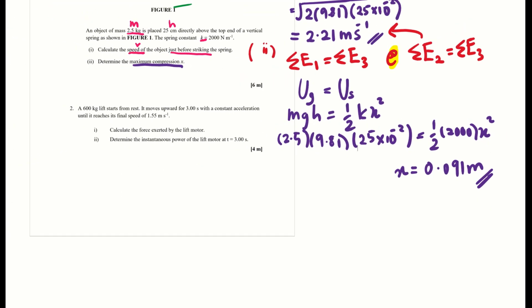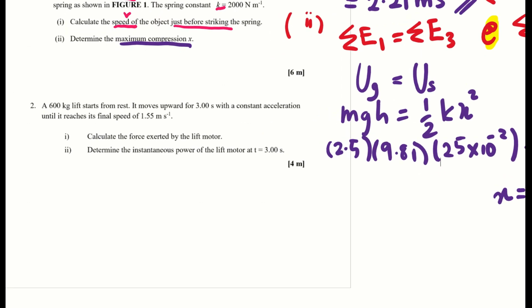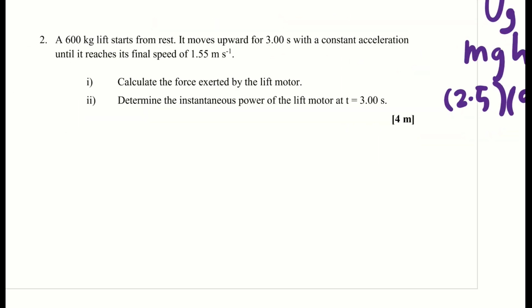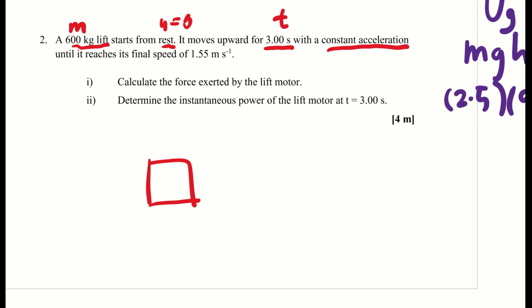Now we move to number 2. For this question we have no diagram, meaning you need to draw the condition. A 600 kg lift starts from rest, so u equals 0. It moves upward, this is the mass, for 3 seconds, this is the time, with constant acceleration until it reaches a final speed, so this is the final velocity.